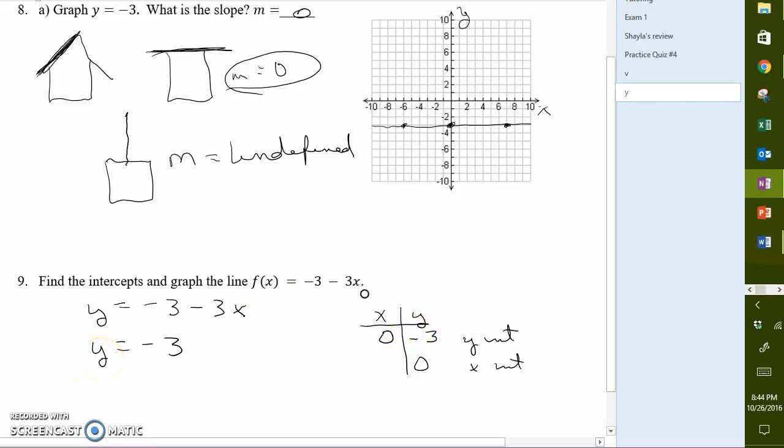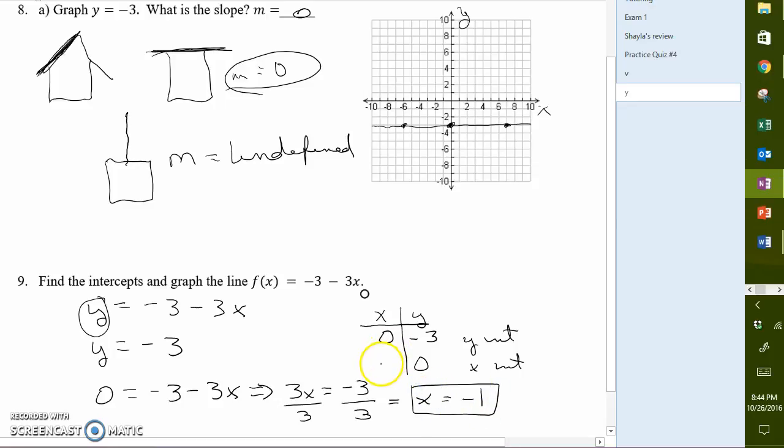Now to find the x-intercept, we make y 0, and so we have 0 equals -3 minus 3x. Let's add 3x to both sides, and we get 3x equals -3, and then divide by 3, and we find that x equals -1.